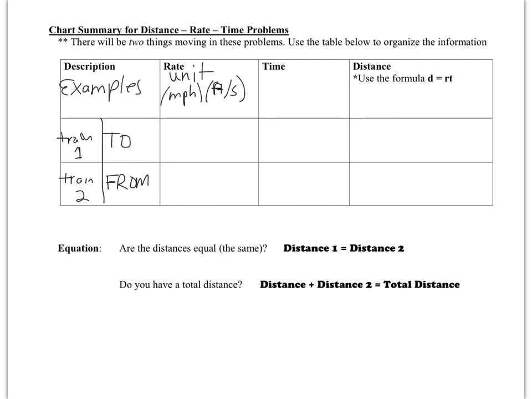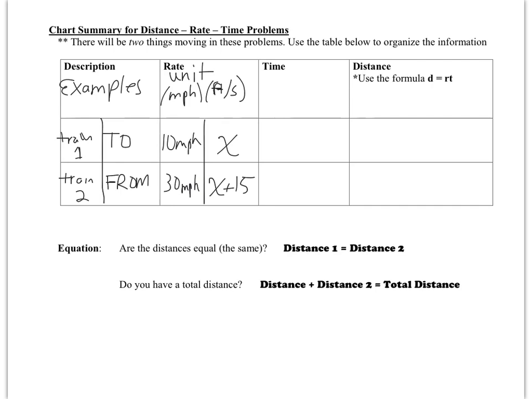You could have inches per millisecond or something like that. So that is always going to be a rate. And you have some options. Sometimes you might be given the rate. I could be given 10 miles per hour and 30 miles per hour. Or the rate might not be given and you have to use a variable. So I could have x and x plus 15.